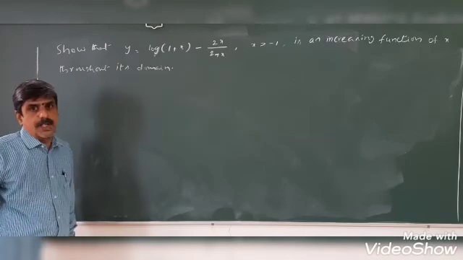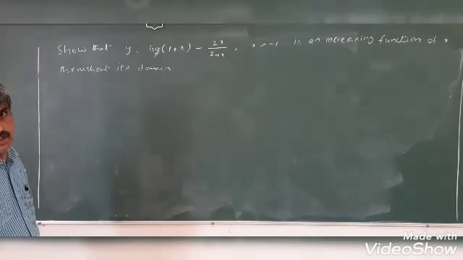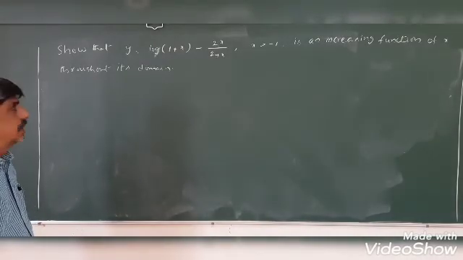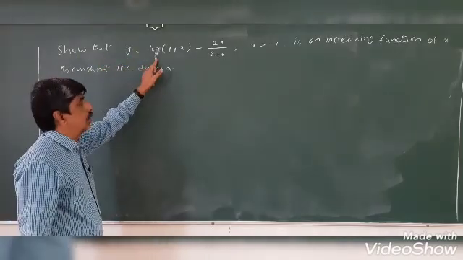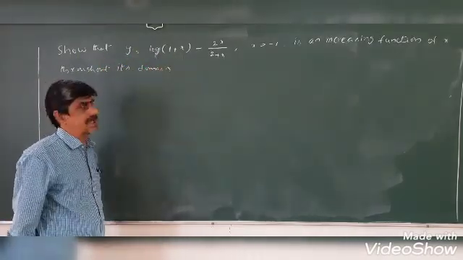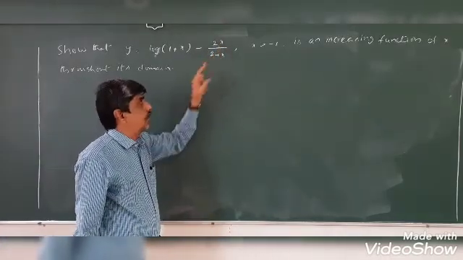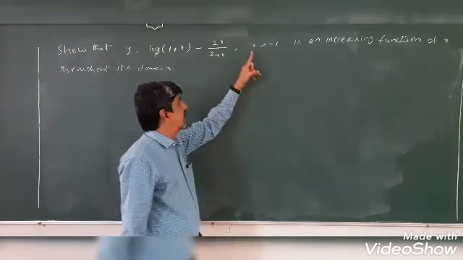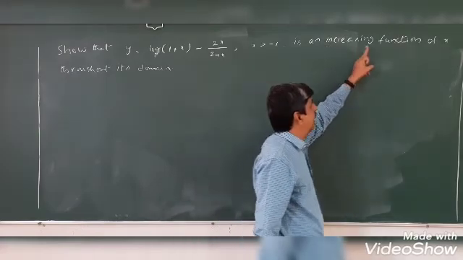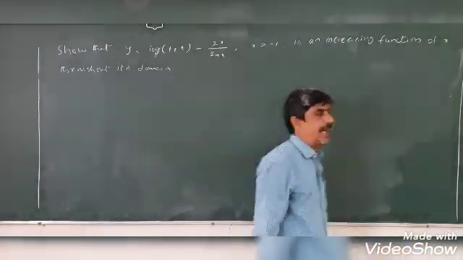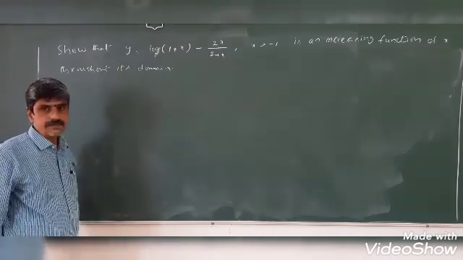Now I am going to explain some more important problems in increasing and decreasing functions. Show that y is equal to log of (1 plus x) minus 2x by (2 plus x), where x is greater than minus 1, is an increasing function of x through its domain.